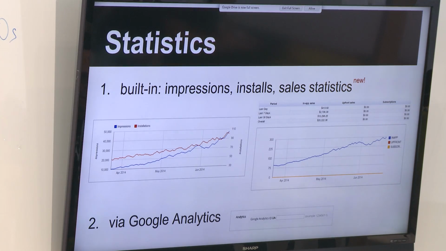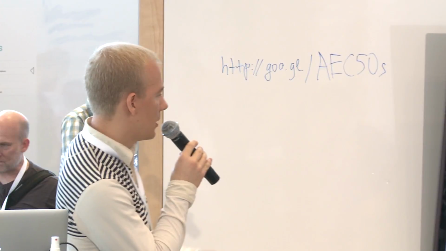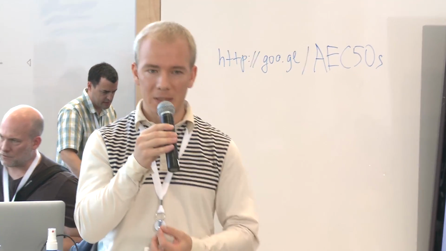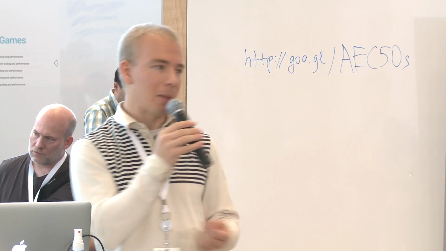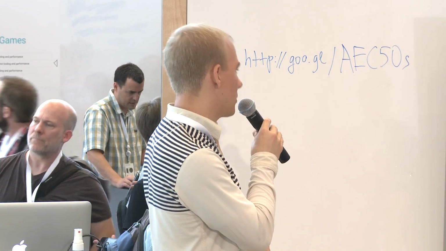So if your app uses any of Web Store payment options, you will see additional charts and tables summarizing how much money you are making. And the last option is you can give us your Google Analytics ID, and Chrome Web Store will ping your Google Analytics ID every time an app is installed, and you can then slice and dice this data using all the power of Google Analytics.